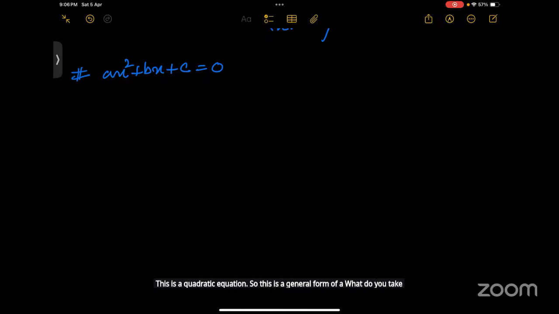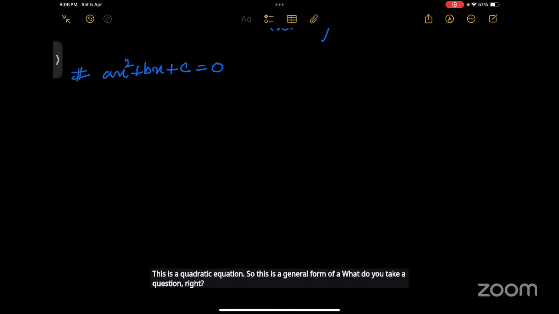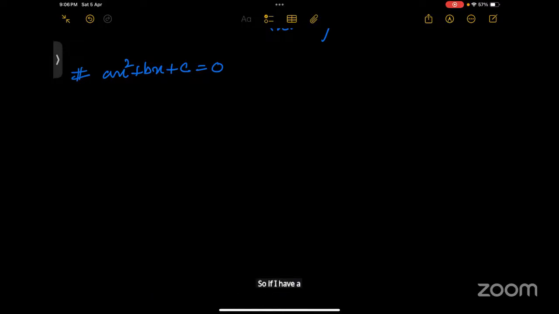And maybe we start with quadratic equations. So this is a quadratic equation, the general form of a quadratic equation, right? If I have a quadratic equation, we know how to find the root.